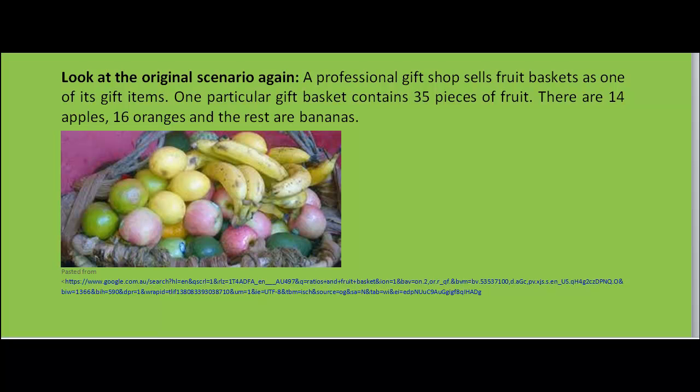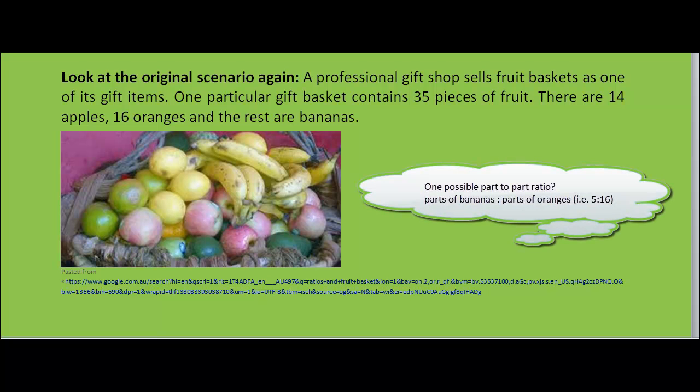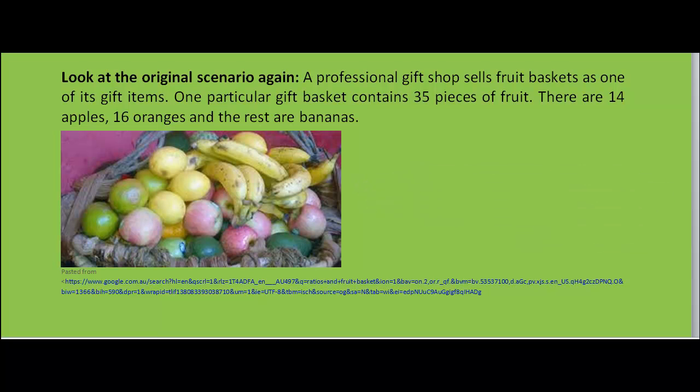For the fruit basket example, one possible part-to-part ratio would be the ratio of bananas to oranges. That is, 5 parts of the basket are bananas is to 16 parts of the basket are oranges. The ratio of bananas to apples we looked at previously, that is 5 is to 14, is another example of a part-to-part ratio.